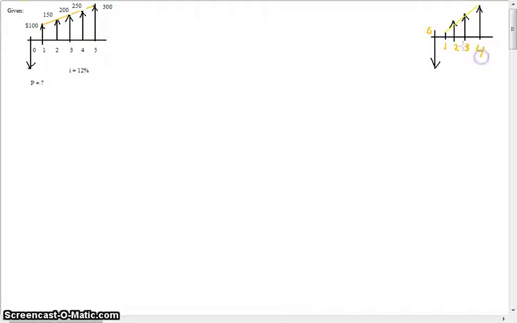This one only goes up to 4 years, not 5. But a gradient means that the year before the gradient actually starts has to equal 0. And you'll see here's our gradient g going up. So this is g, this is 2g, and 3g, and so on. But the year before the gradient actually starts, it has to be 0.